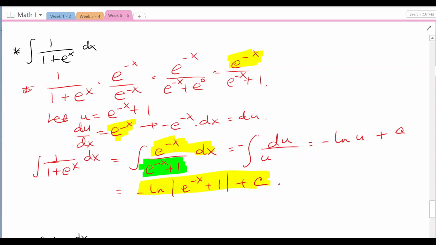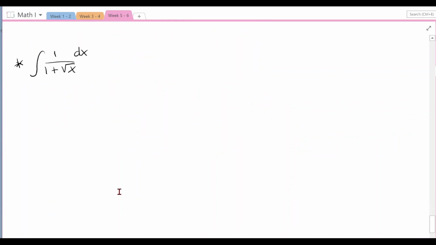Okay, this plus 1 is a constant, so that will be the answer for this particular integral.